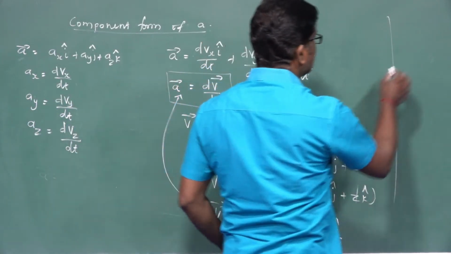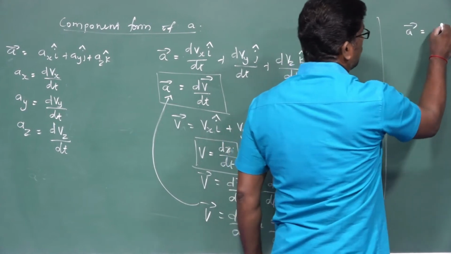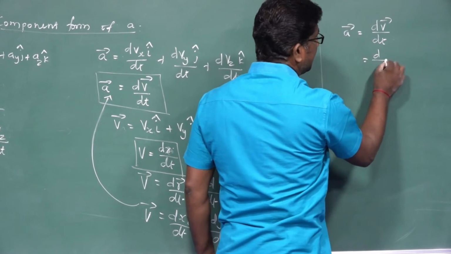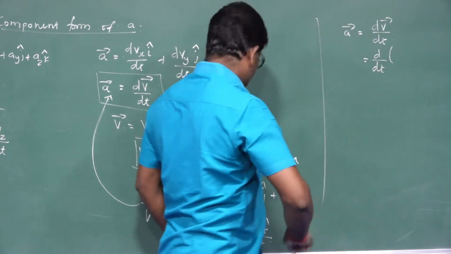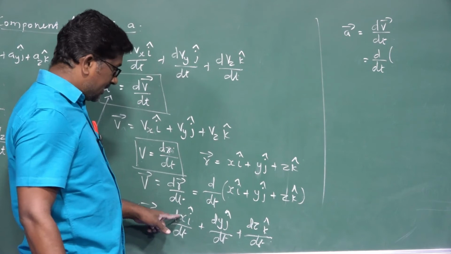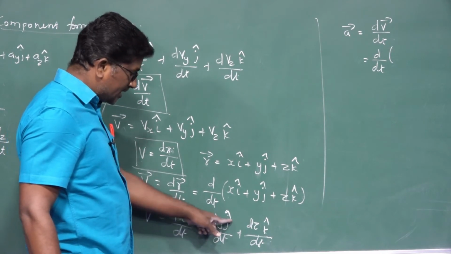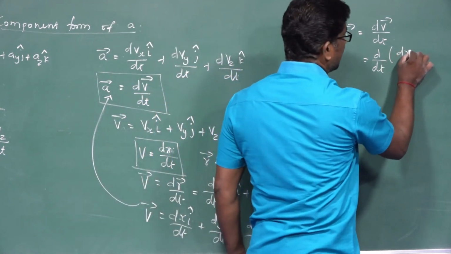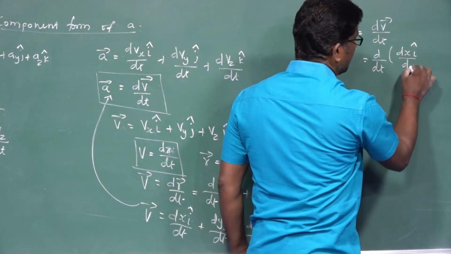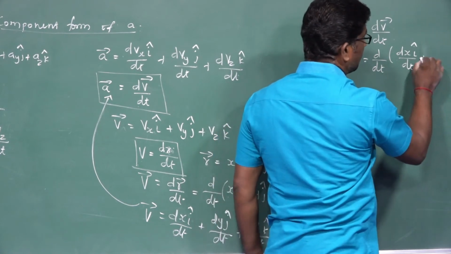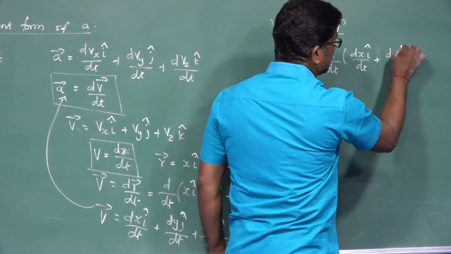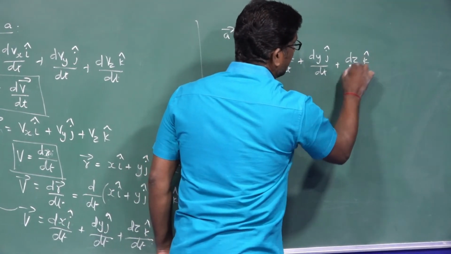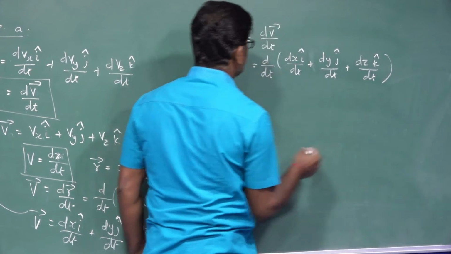Then this equation becomes a vector is equal to dv vector divided by dt, or d divided by dt of dx i cap divided by dt plus dy j cap divided by dt plus dz k cap divided by dt, right?